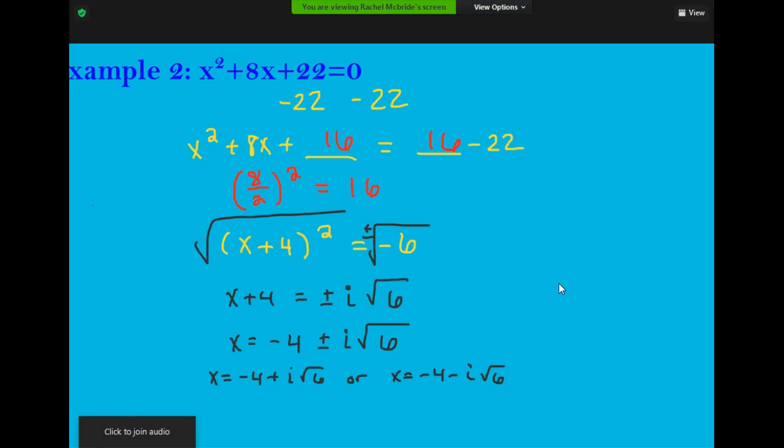You are perfectly allowed to leave it written just like this. I'm only showing you the line below so that you understand that there are 2 solutions, and that's what you get by putting the plus or minus.